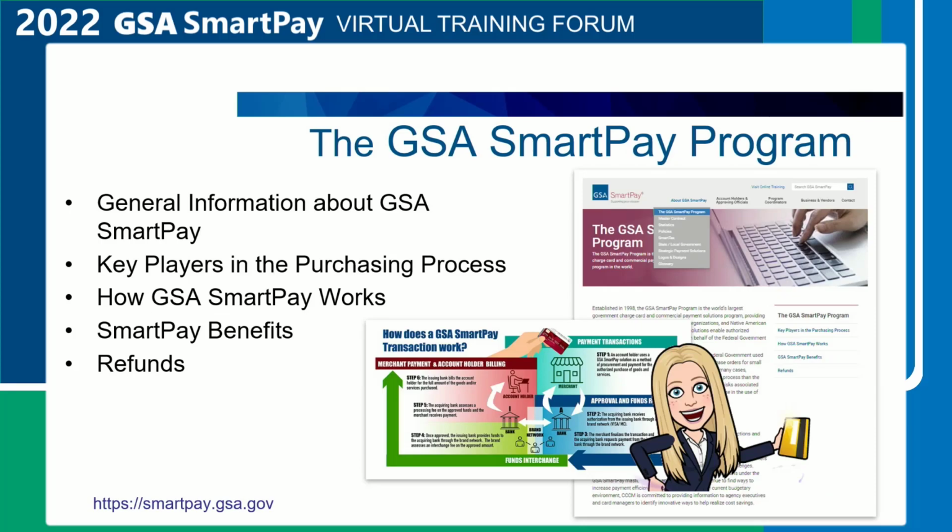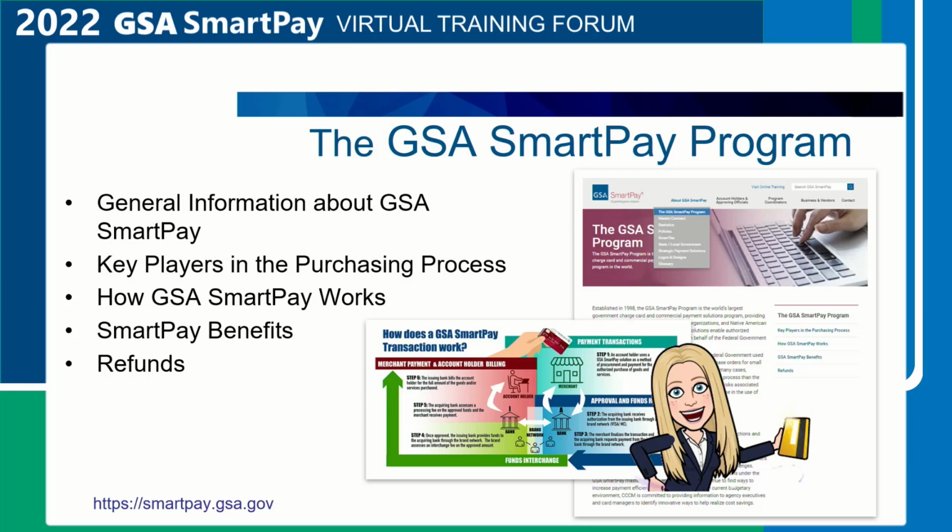The GSA SmartPay program was established in 1998 and is the world's largest government charge card and commercial payment solutions program. It provides services to more than 560 federal agencies, organizations, and Native American tribal governments.